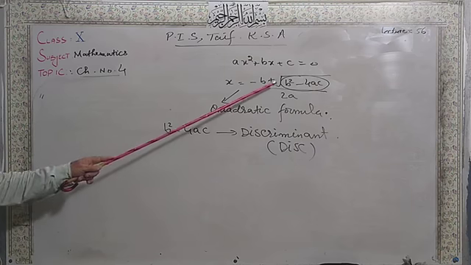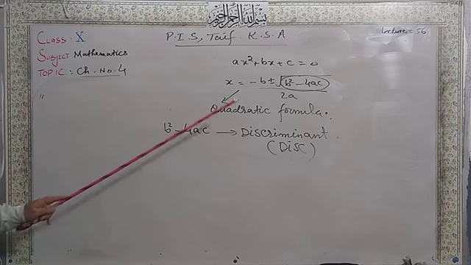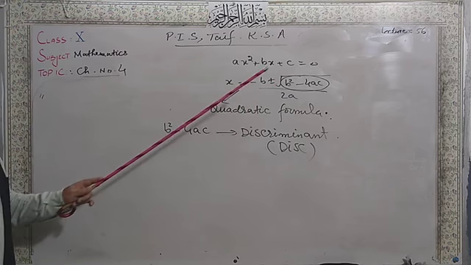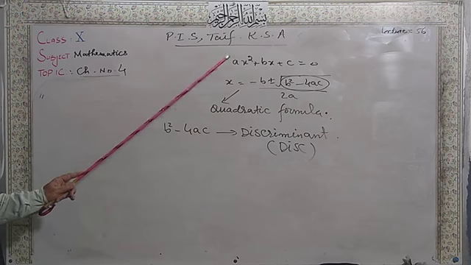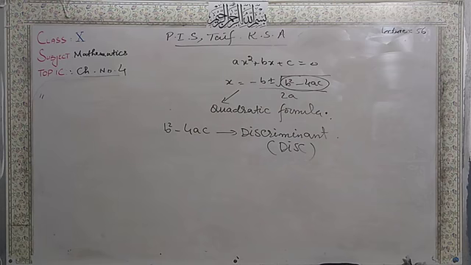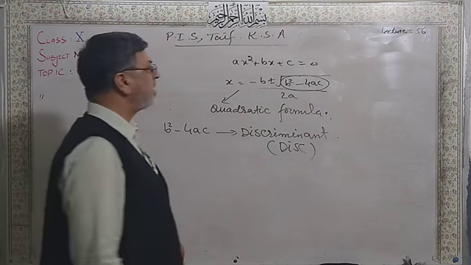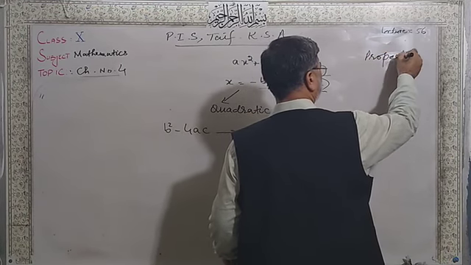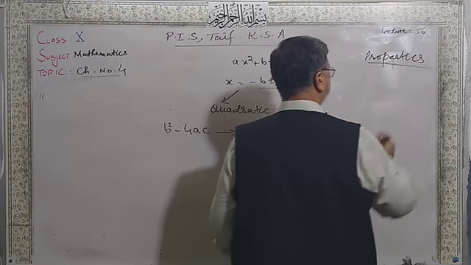So b square minus 4ac is a very important part. It will tell you about the nature of roots of any quadratic equation. There are some properties of this.